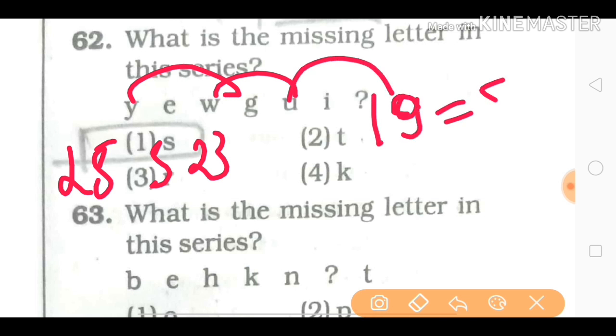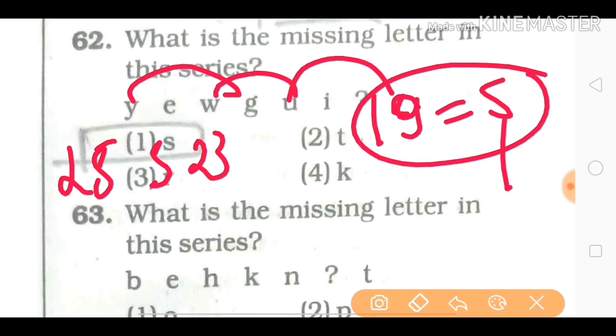What is the missing letter in this series? What is the missing letter? What do you think? Solve it. 25, 5, 23, 23, then 21, then 19. And 19 is what? Your S. S opposite is what?